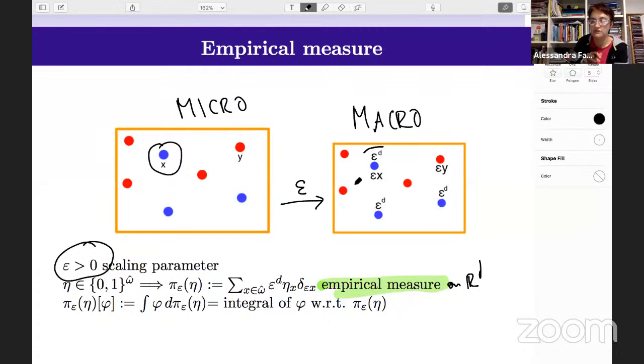The combination of these weighted Dirac measures is the empirical measure associated to the particle configuration eta. In what follows, I will write pi epsilon eta of phi for the integral of my function phi, a function of the position x, with respect to the empirical measure.